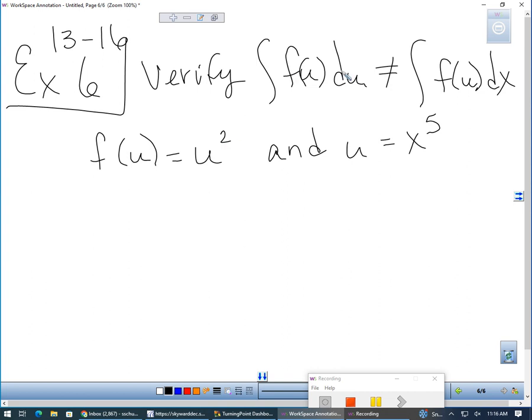So we're going to start here with this first part. I'm going to say I have the integral of u squared, because I'm doing f of u, so that's u squared du. Right? Okay? And then, if I were to do that, the antiderivative to this would be u to the third over 3 plus c. Do you agree?